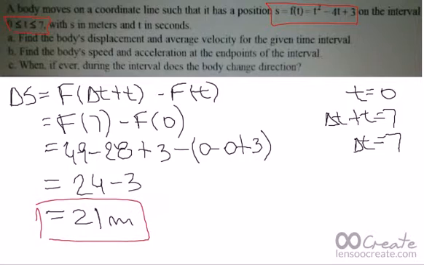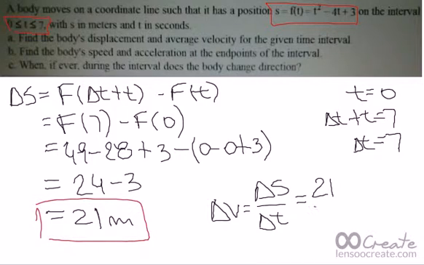For the average velocity, we know the average velocity will equal the change in s over the change in t. The change in s, we know it's 21, and the change in t, we know it's 7.